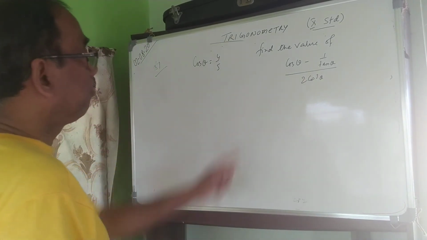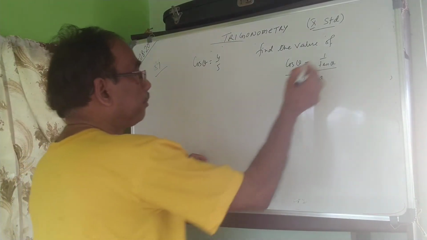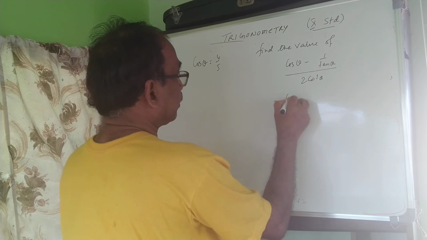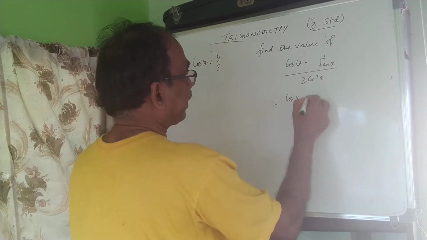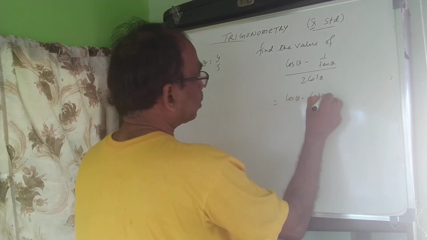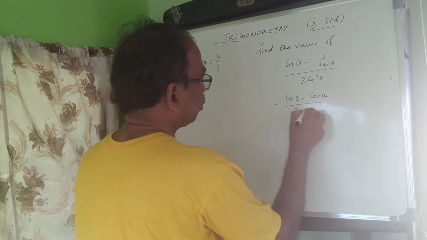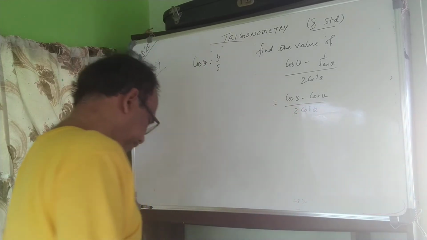So here, first of all, 1 by tan theta means cot theta. Cos theta minus cot theta over 2 cos theta.